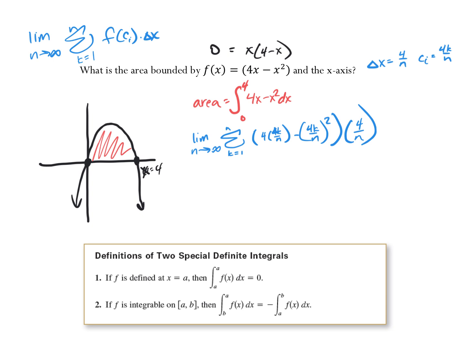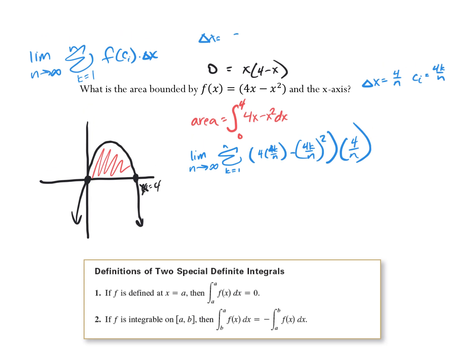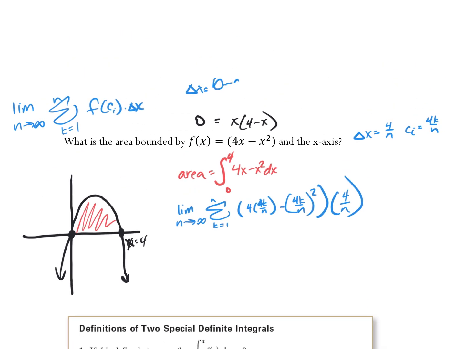Delta x is b minus a over n, and c sub i is a plus k delta x. No problem. There's a lot to it, yeah?